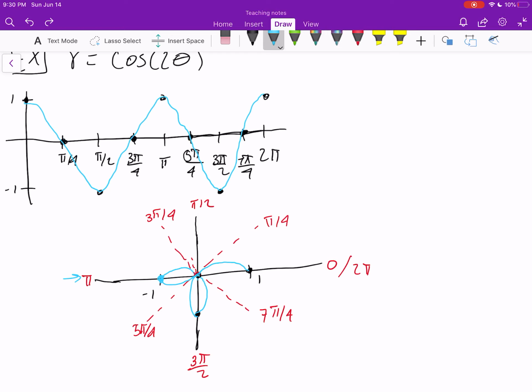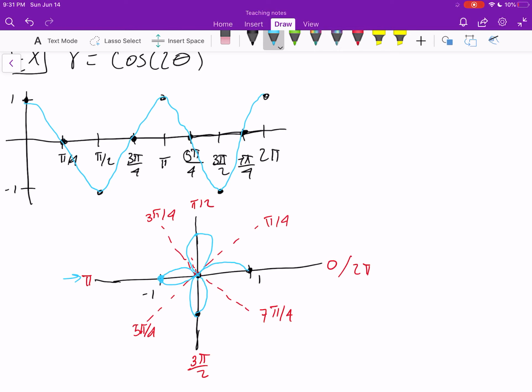So that is actually going to be this one, because normally I would be on 3 pi over 2, but because I have a negative radius, I'm going to go in the opposite direction to that one. So from 3 pi over 2 to 7 pi over 4, I go back to the origin. It's going to look like that.